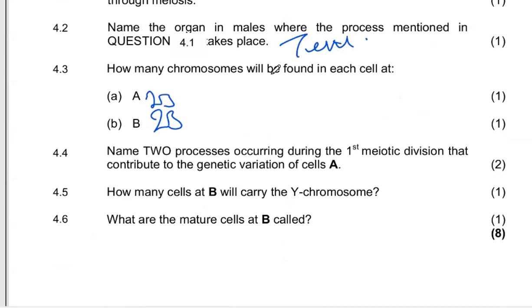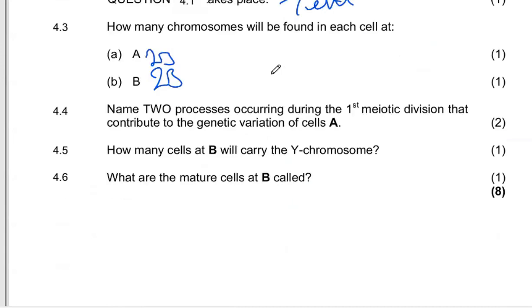Name two processes occurring during the first meiotic division that contribute to genetic variation. Genetic variation is being caused by two things during meiosis. The first one is crossing over.